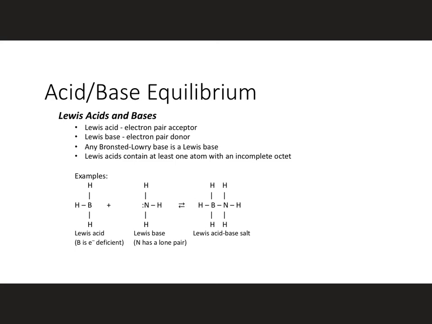Now, one last topic in acid-base equilibria. There's a third definition for acids and bases, and that was put forth by G.N. Lewis. Yes, that's our friend from Lewis acid structures. Because he's concerned with electrons, he chose to define acids and bases in terms of electron pairs. So Lewis is going to define a Lewis acid as an electron pair acceptor, something that can accept a pair of electrons to make a bond.